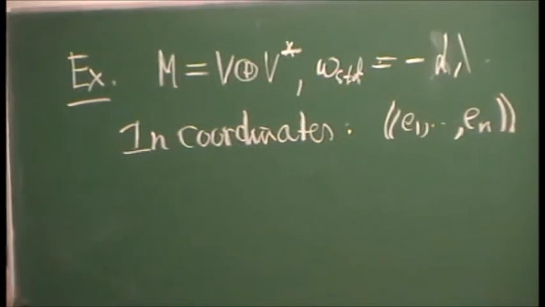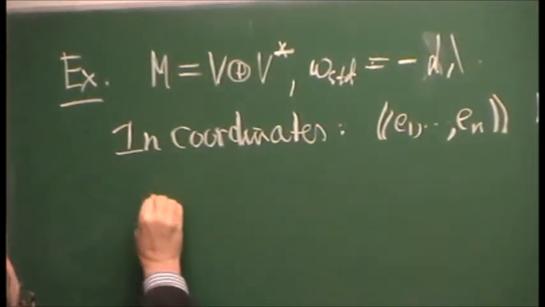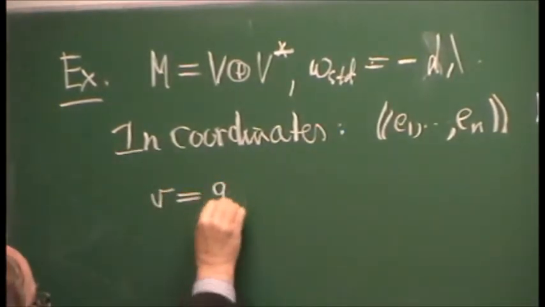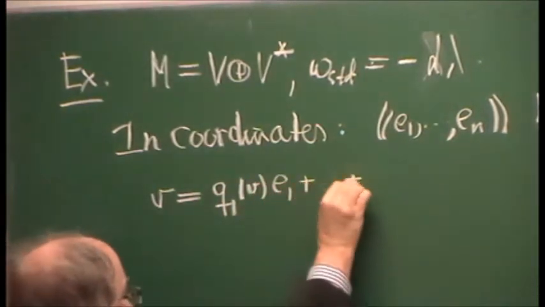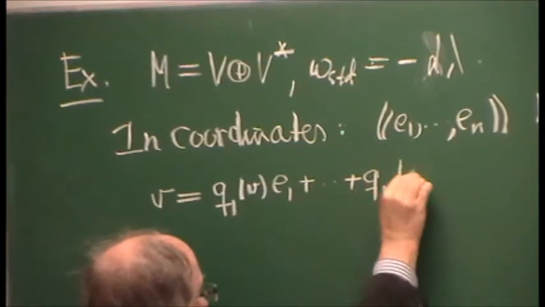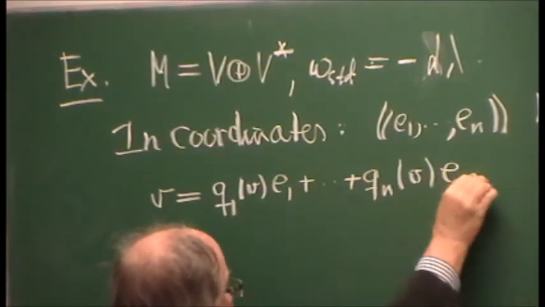And this means that a vector is expressed as a linear combination. Here are the coordinates of V. And those are the coordinates.